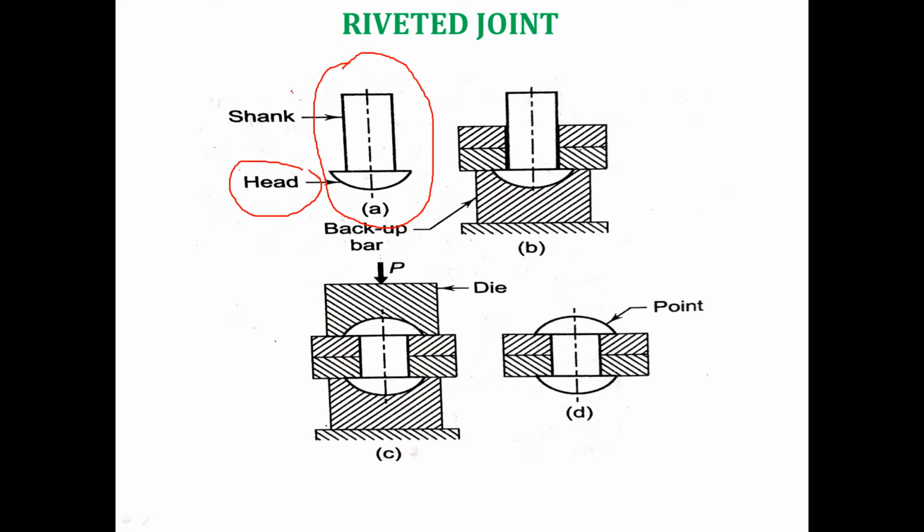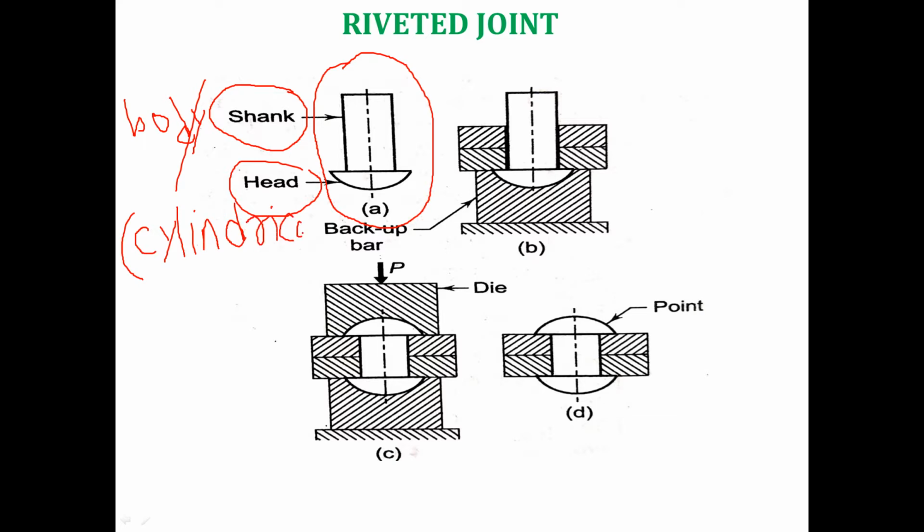Second part is called the shank portion of the rivet, or the body. Either you call it the shank portion or the body portion, and it is generally cylindrical in shape. That means the cross section of the shank is circular in nature.